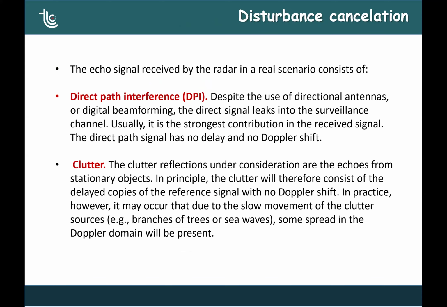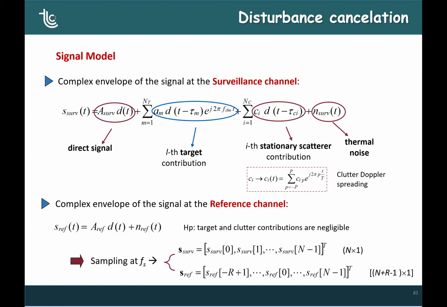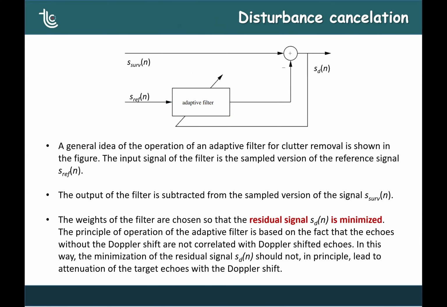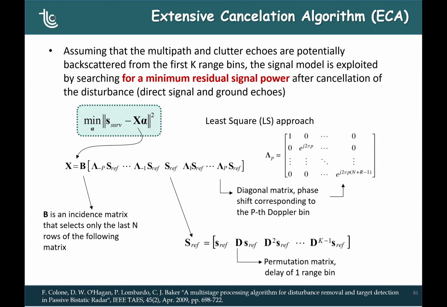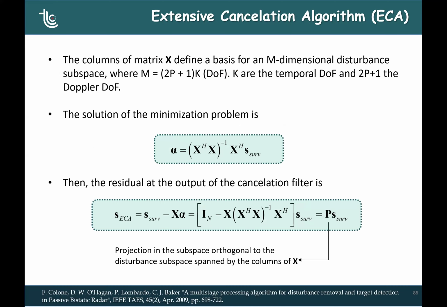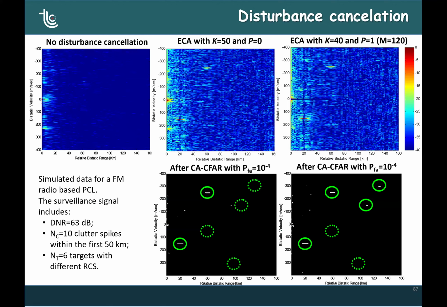Then we looked at the one algorithm that is used for the disturbance cancellation, specifically the clutter and the DPI. And this algorithm is based on adaptive filtering, and we have seen the ECA, so the extensive cancellation algorithm, to obtain the estimation.